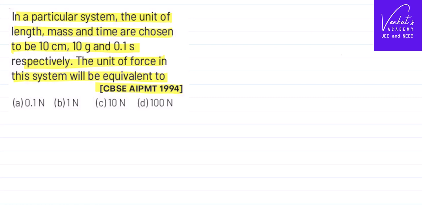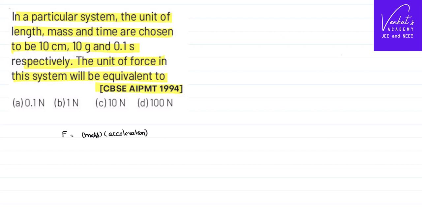If I have to solve the problem, first of all, I shall write what we mean by force. Force is defined as per Newton's second law as mass into acceleration. That's not the actual definition.